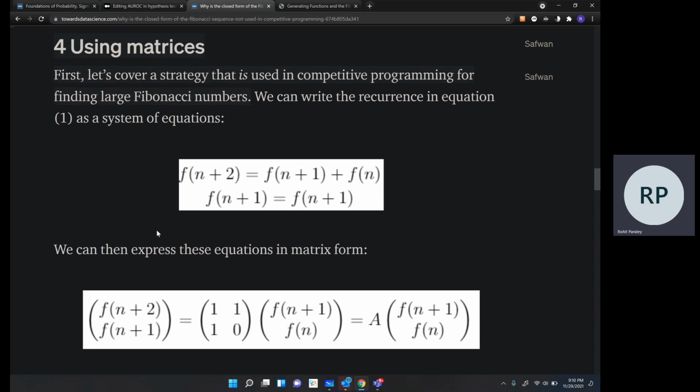And then you can write this in matrix form: f n plus 2, f n plus 1 equal to the matrix 1 1, 1 0 times f n plus 1, f n, because f n plus 1 equals f n plus 1 times 1 plus 0 times f n. You can call this matrix A, and then you get this expression.